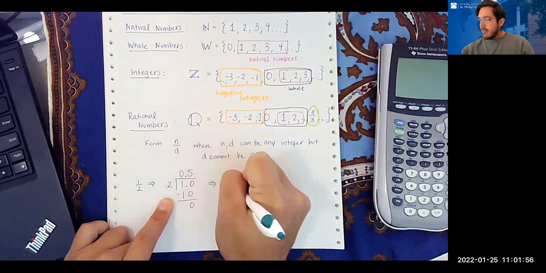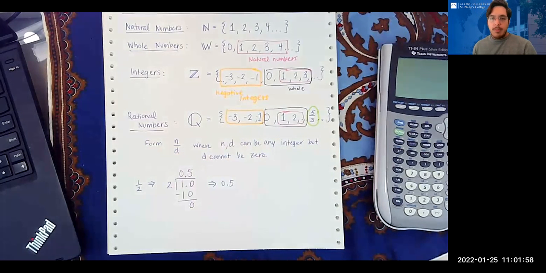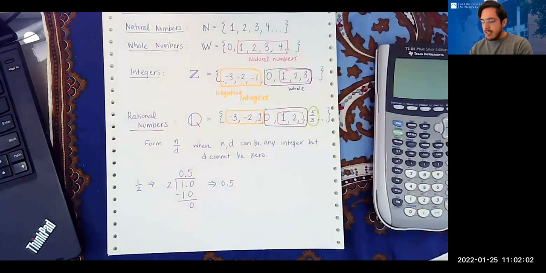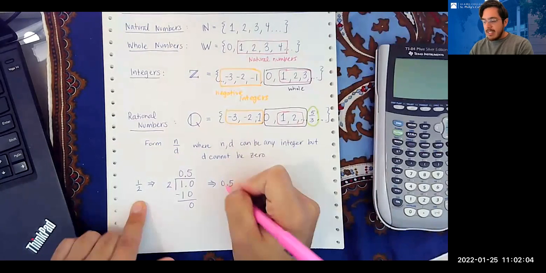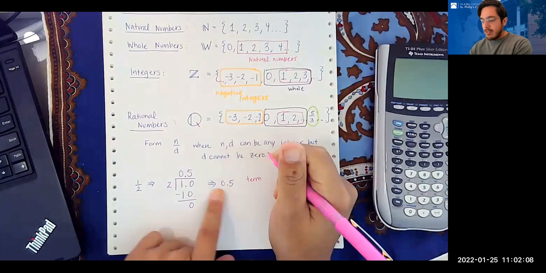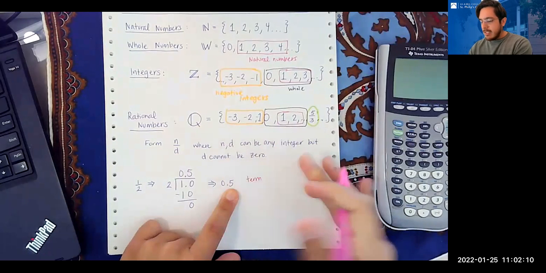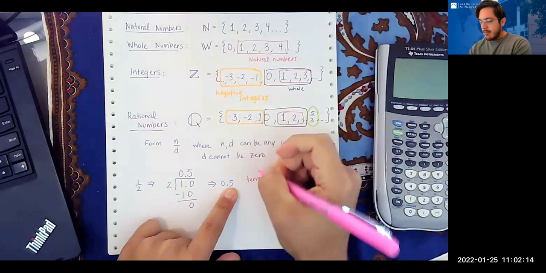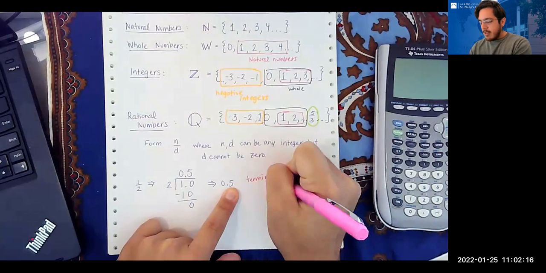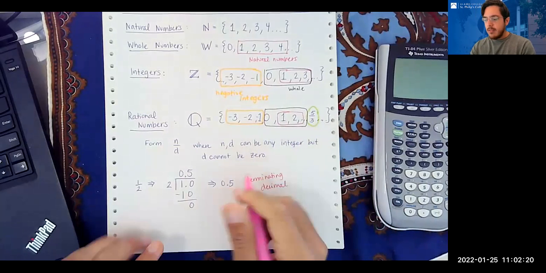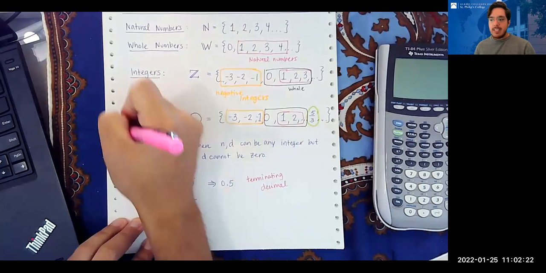If we're looking at the decimal representation of a fraction, and that decimal representation terminates or has a definite ending, this is just 0.5 and there are no trailing decimal values, if it has a terminating decimal, then that's how we can tell that that number is rational, just by looking at the decimal representation.